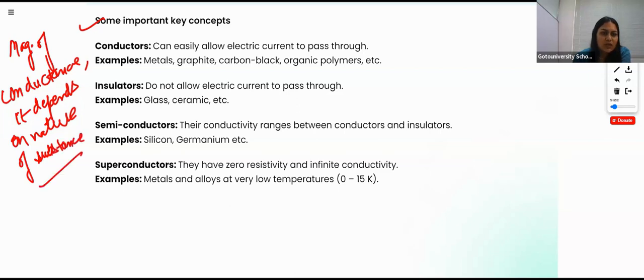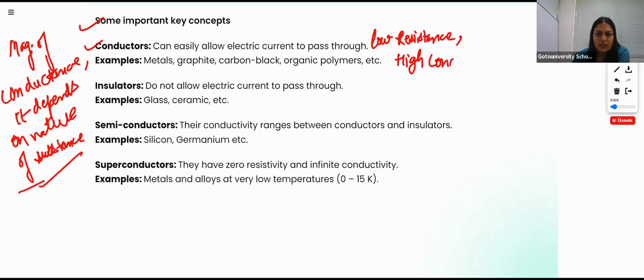Based on the magnitude of their conductance, we have categorized these substances into 4 types. That is conductors, in which the resistance is low and the conductance is high.